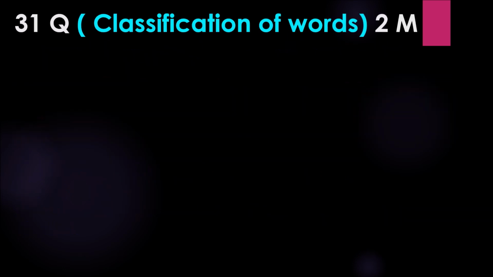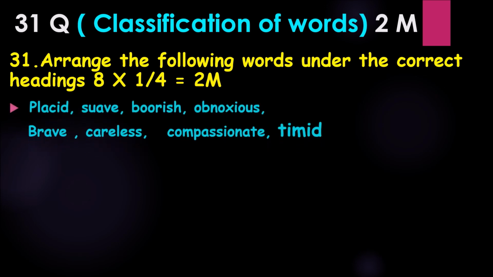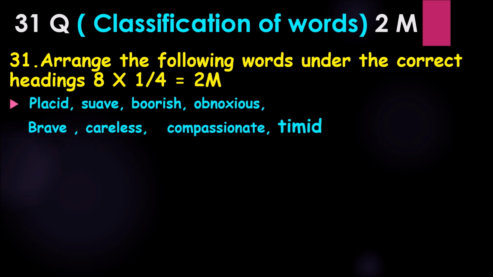Now the next one is question number 31. It's all about classification of words. Arrange the following words under the correct headings. Here you are: placid, suave, boorish, obnoxious, brave, careless, compassionate, and timid.